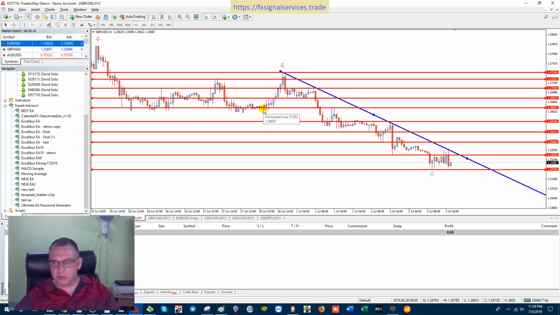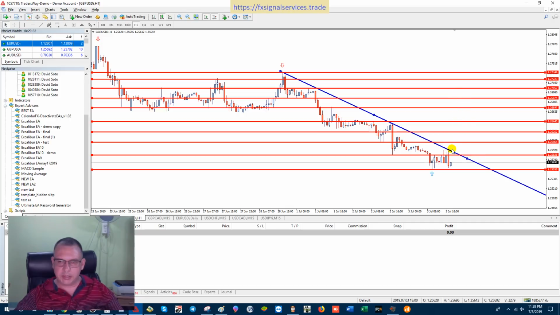Now, if we notice, in between each space there's almost the same distance between every space. What we're going to do is set pending orders in between each one of these.